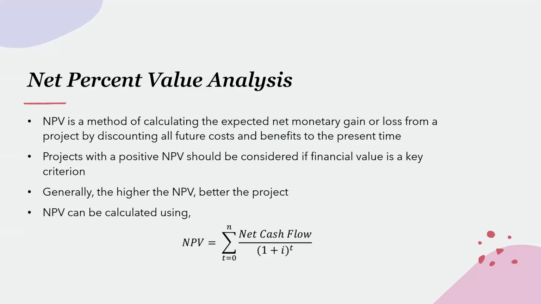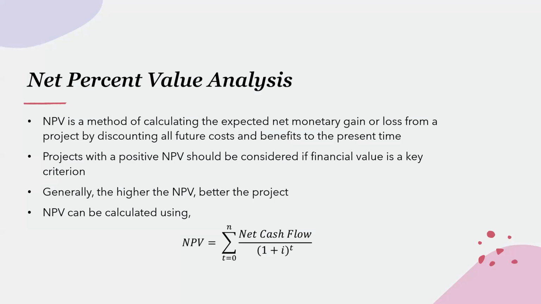Projects with a positive NPV should be considered if financial value is a key criteria. In the sense, if you have 2 or 3 alternatives with different NPV values, you should always go for the positive NPV value if you are considering the financial value of the project as a key criteria.